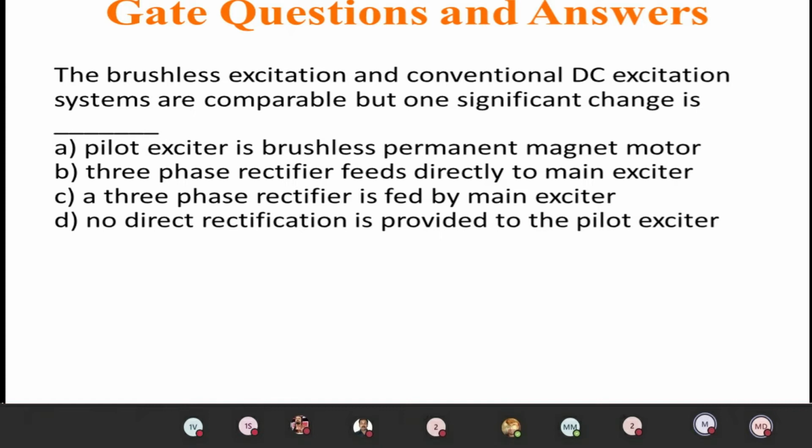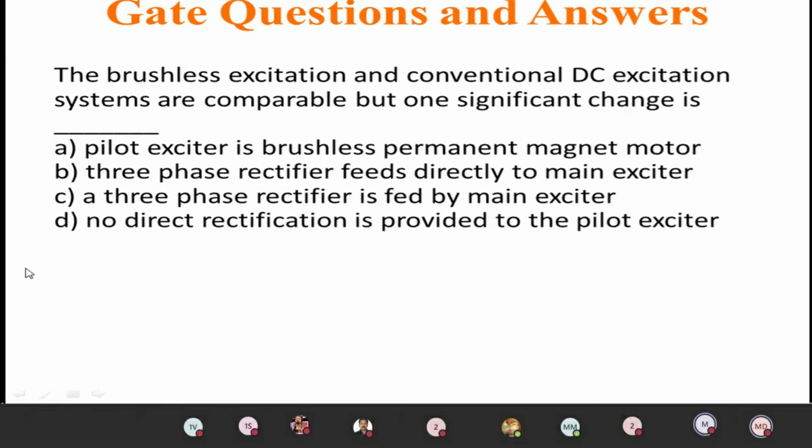Here the question mentions brushless excitation and also conventional DC excitation.